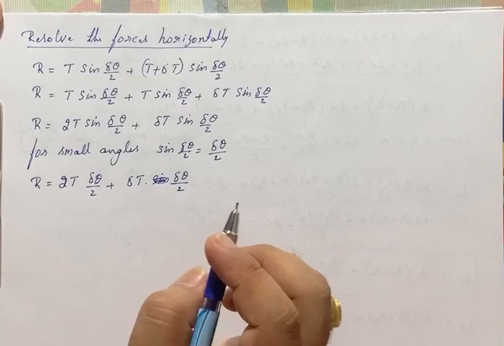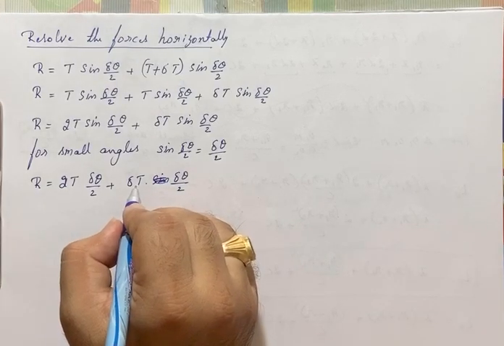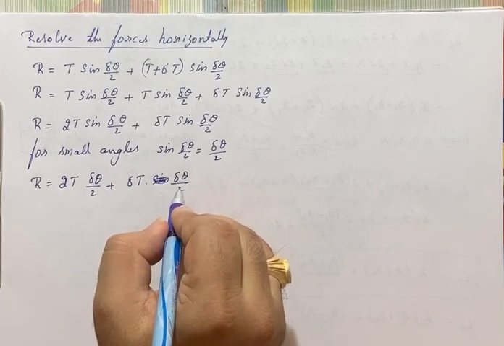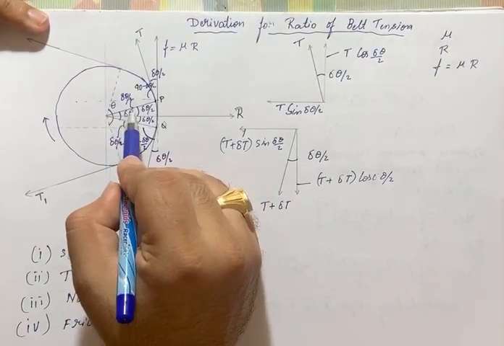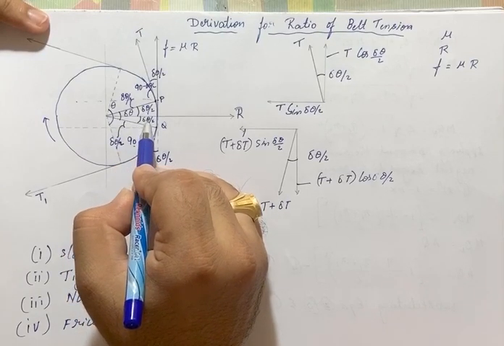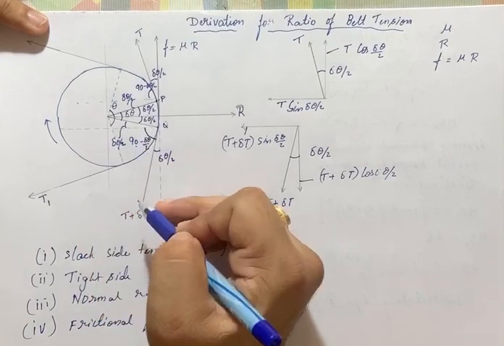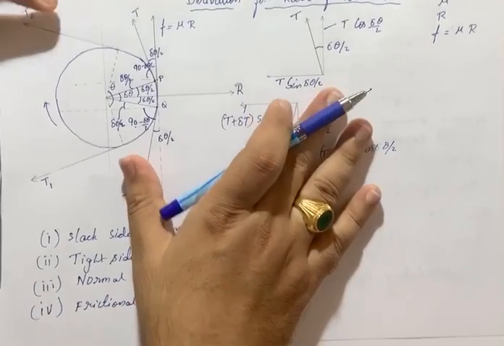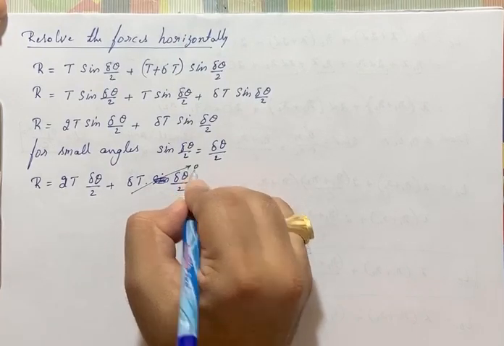Now delta T is a small change in tension and delta theta by 2 is a small half angle. The total angle between P and Q is delta theta, and the half angle is delta theta by 2. So the multiplication of delta T and delta theta by 2 will be very small, so I can neglect this term.